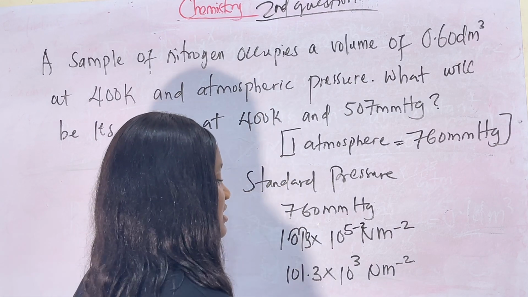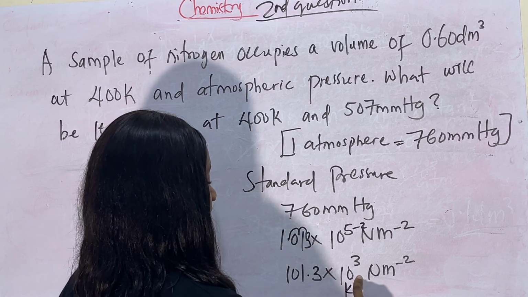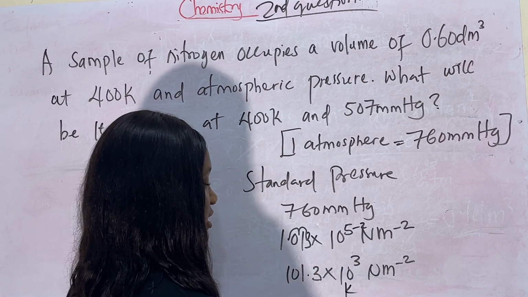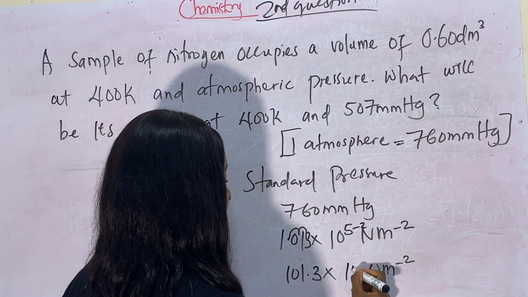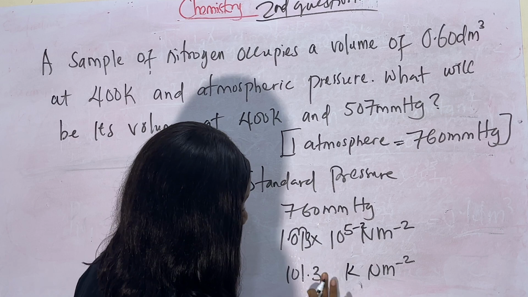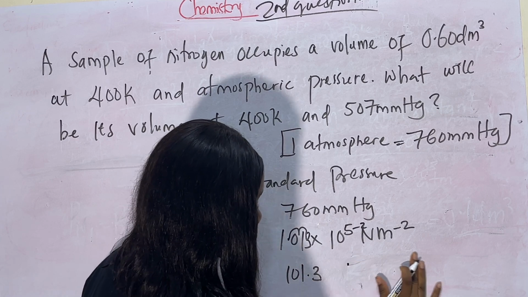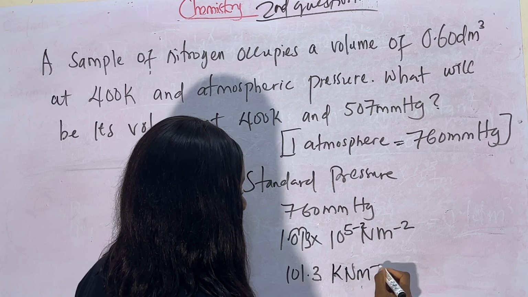And I can call my 1000 kilo, K. So, rather than writing 10 raised to the power of 3 here, I'm just going to replace it with K. Then this times this is the same thing as joining them together. So this is how we got 101.3 kilonewton per meter square.